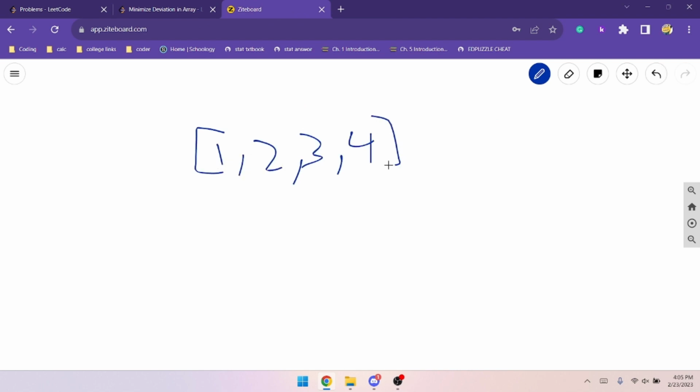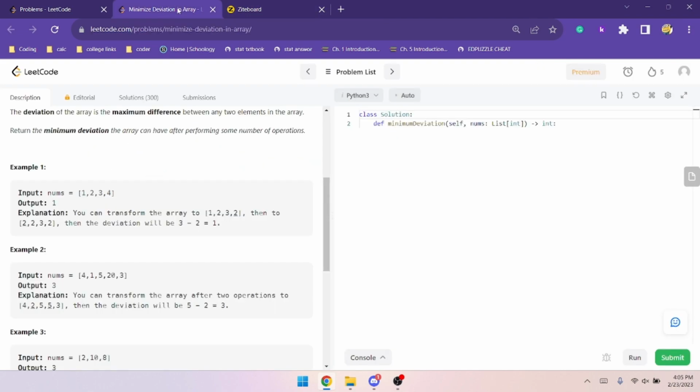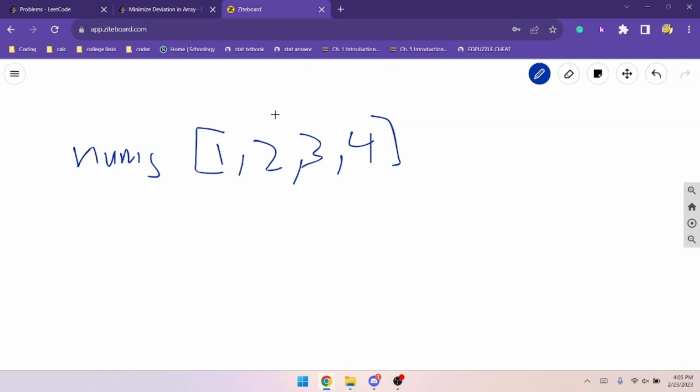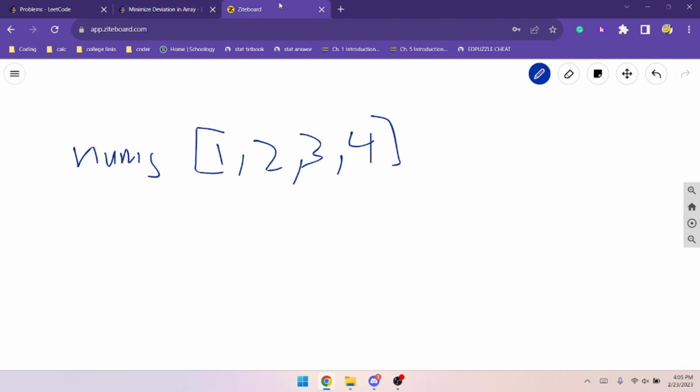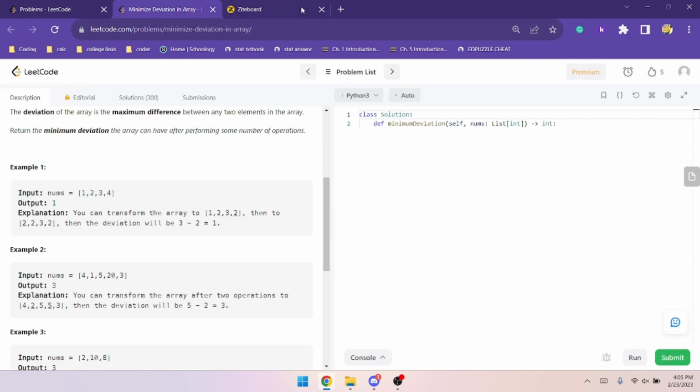So for the base case, we consider which one decreases the deviation by the most. Doubling 2 would make the deviation 2, and dividing 4 by 2 will also make the deviation 2, because then you get 3 minus 1 is 2. So you just choose any of them at that point.